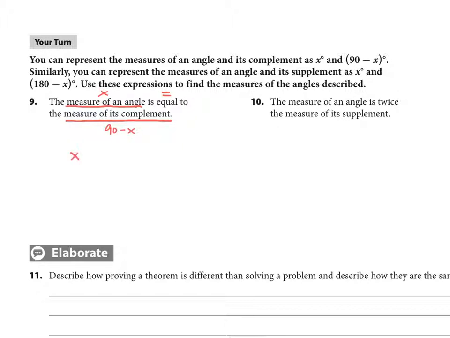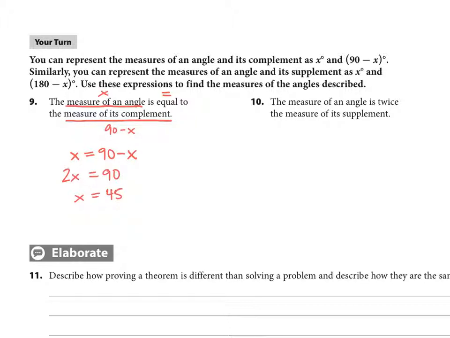So our equation is x is equal to 90 minus x. Let's figure out what x is. I need to add x to both sides. So adding x on the left gives us 2x. That equals 90. And then we divide both sides by 2, and we get 45.